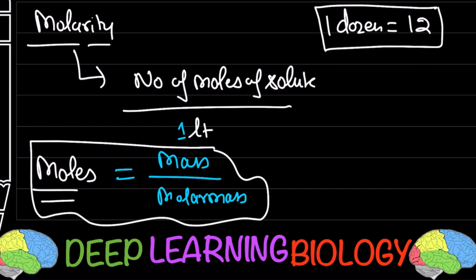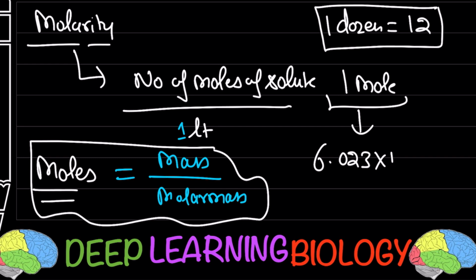Same way, 1 mole of any substance, keep in mind, it is going to have 6.023 into 10 to the power 23 molecules. Keep this in mind, 1 mole of any substance has 6.023 into 10 to the power 23 molecules.